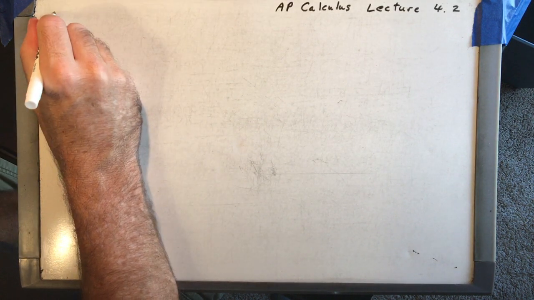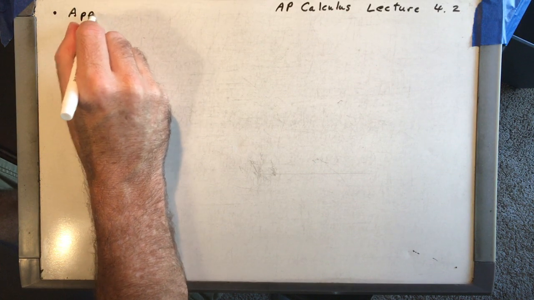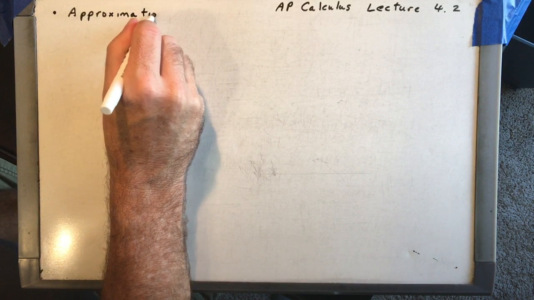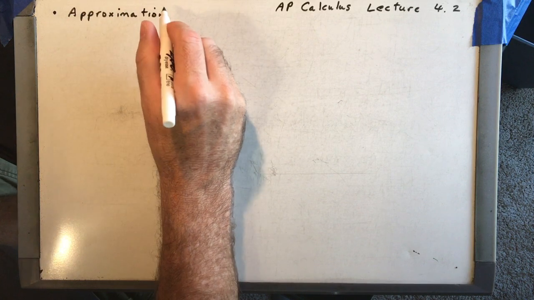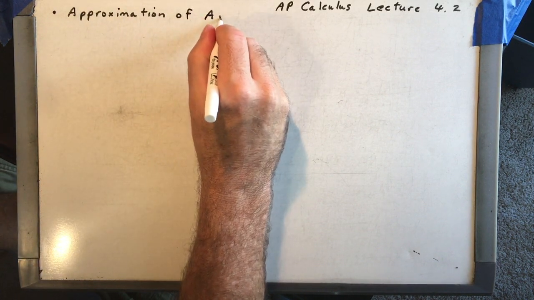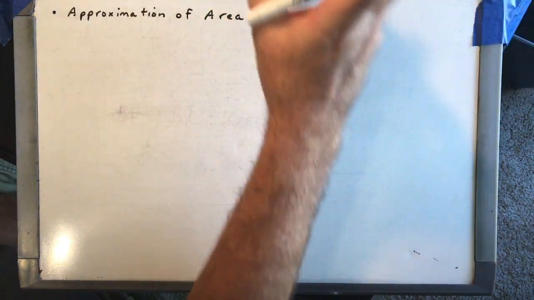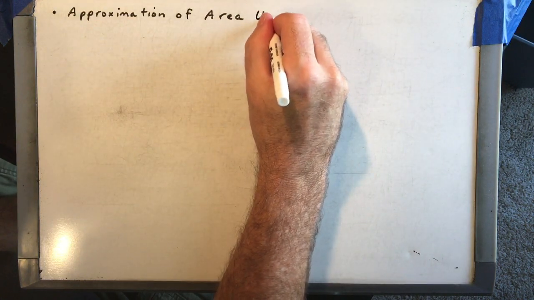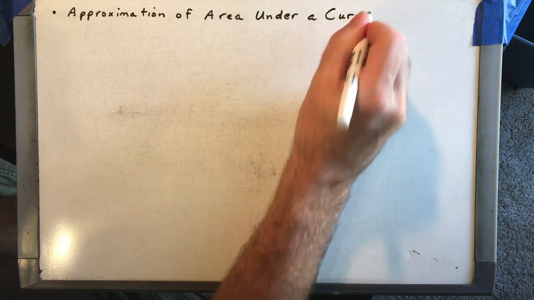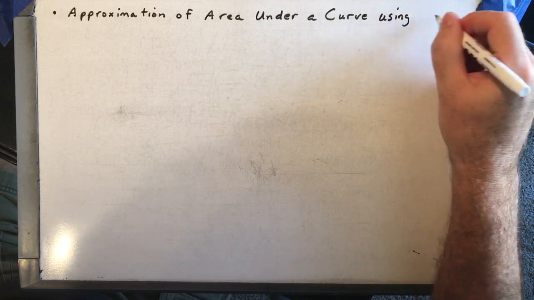All right, our second part is going to be approximation of area under a curve using rectangles.